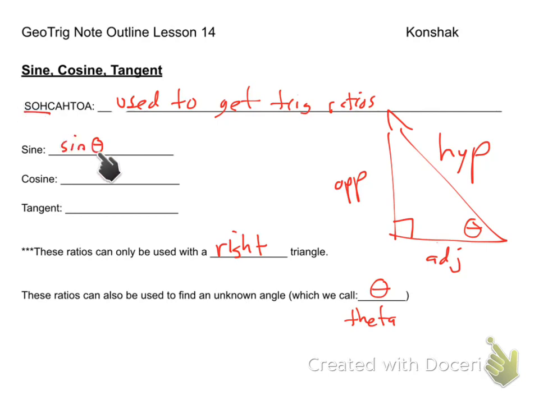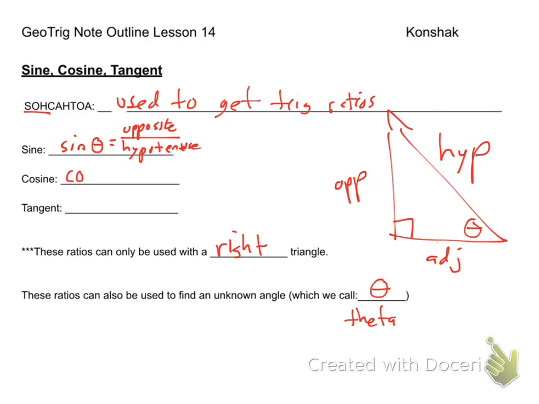So sine of theta is equal to the ratio of O, or opposite, over H, which stands for hypotenuse.